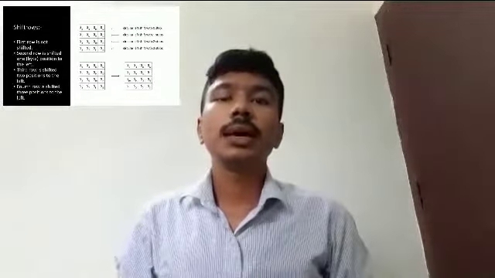Next slide, please. Shift rows. Shift rows contains a combination of left and right positions. In the left combination, the first row is not shifted. The second row is shifted by 1 byte position to the left. The third row is shifted 2 byte positions to the left.